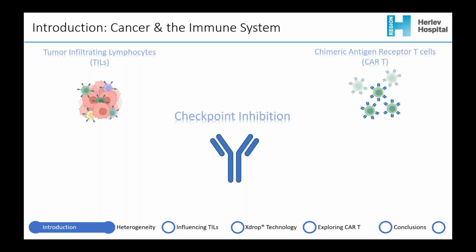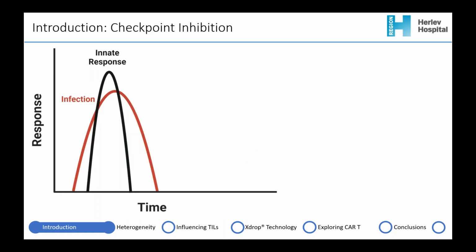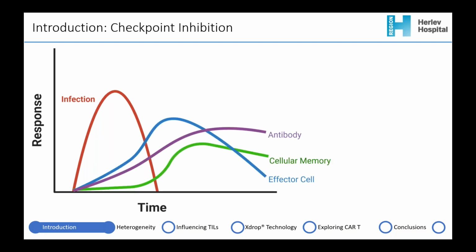I think the most succinct way to describe tolerance is in terms of infection. Say we have some infection, let's say a viral infection. It encounters the first line of defense of our immune system, the innate response. This is a very ephemeral response, and then it will hand things over to the adaptive system. You'll notice here that it forms an overwhelming immune response to clear the infection from the host.